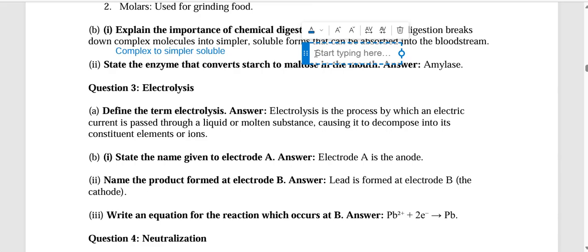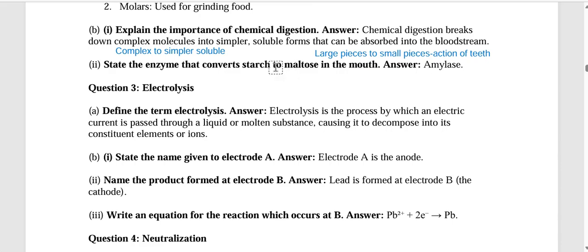Physical digestion breaks down large pieces to small pieces. It is done by the action of teeth. So there are two types of digestion, chemical and physical.